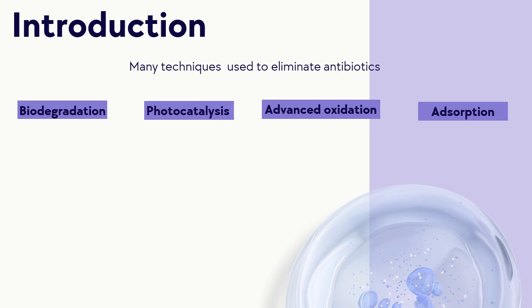Many techniques have been developed and used to eliminate antibiotics, such as biodegradation, photocatalysis, advanced oxidation, and adsorption. Among these, adsorption using activated carbon or nanostructured metal oxide materials, or their combination like titanium oxide with carbon nanotubes, is frequently used for their high treatment efficiency, low cost, and environmental friendliness.